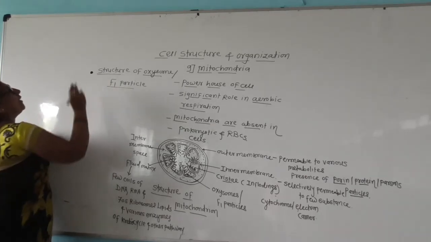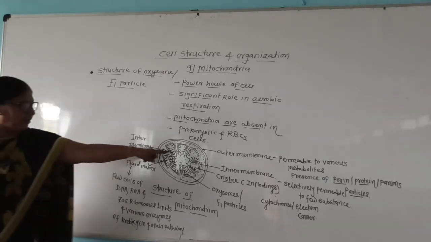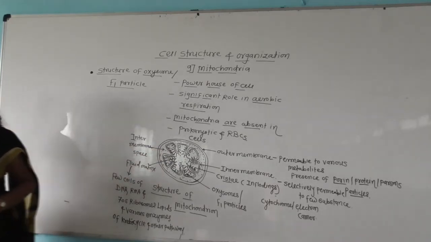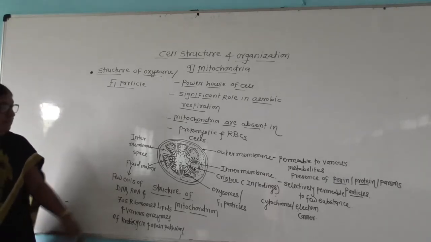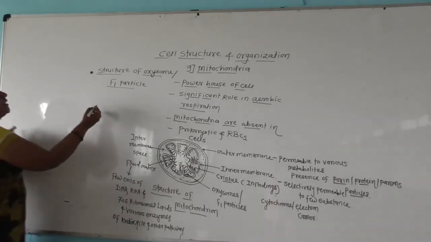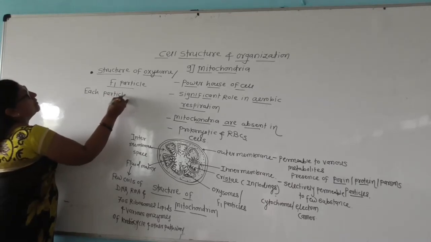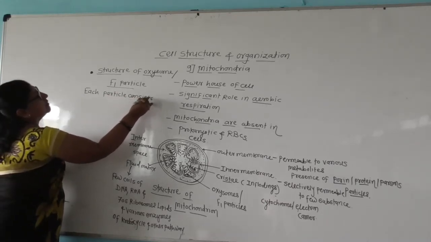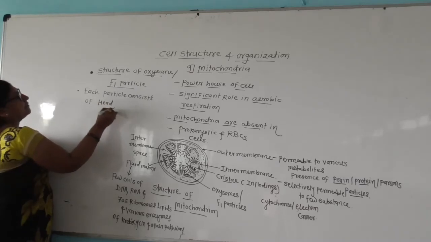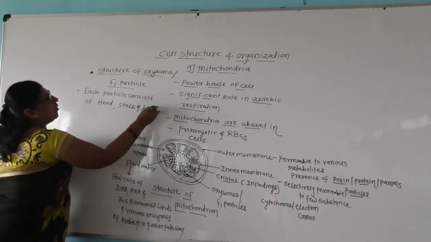Structure of oxysome or F1 particle. The inner membrane of mitochondria bears a number of particles called oxysomes or F1 particles. Each particle consists of a bulbous head, a stalk, and a base or foot.